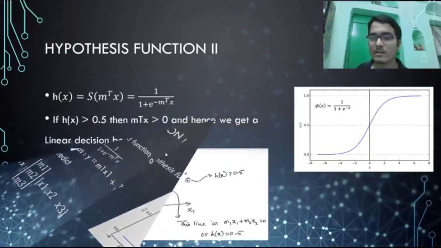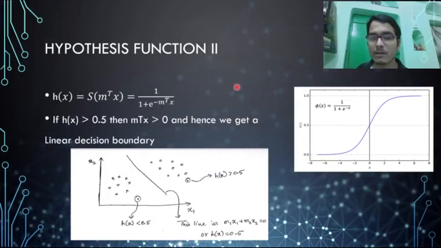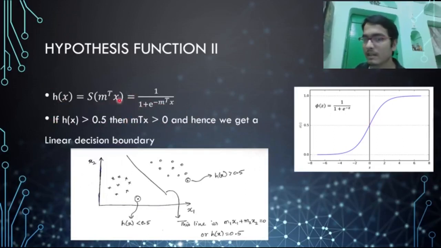So let us get a feeling of what this function actually does in real life. If h of x is greater than 0.5, then m transpose x is greater than 0, and then we get a linear decision boundary. What is meant by this? As I told you, if h of x is greater than 0.5, then it is mostly towards 1, and then m transpose x, which is the z here, is greater than 0.